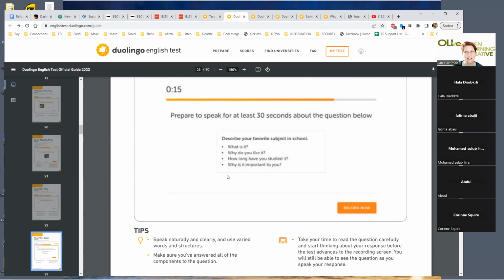Like the IELTS speaking test, you want to make sure you cover all 4 of these sub-questions, which in some ways makes it easier because you can say what the subject was, why it was good, and why it was important.